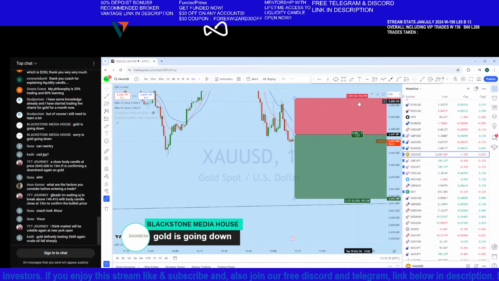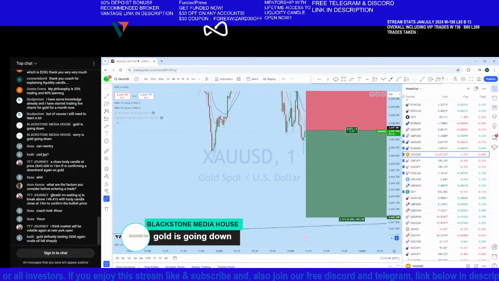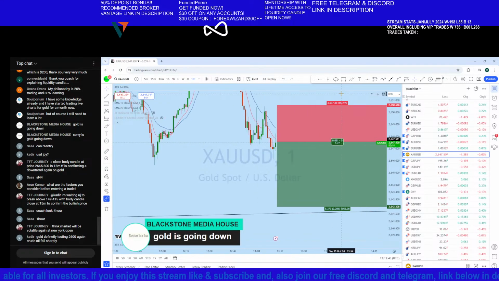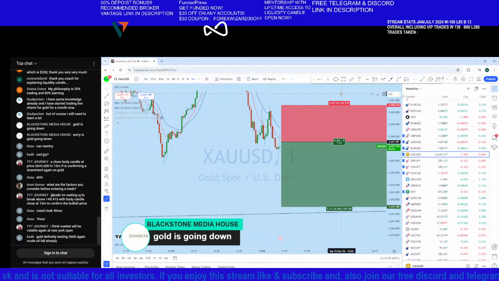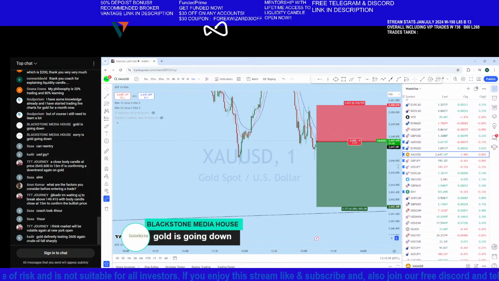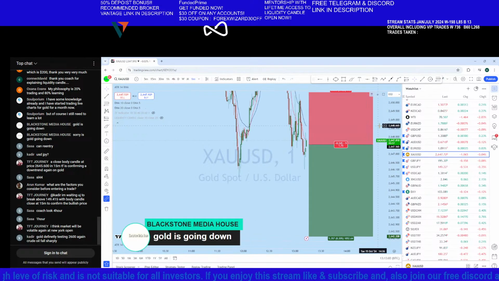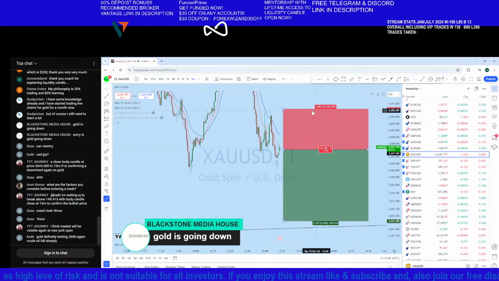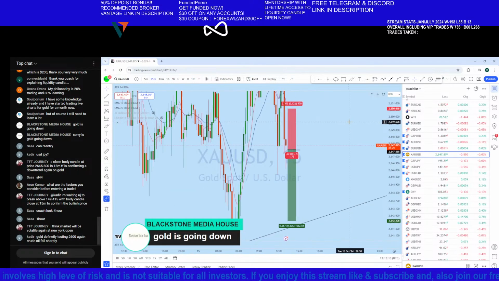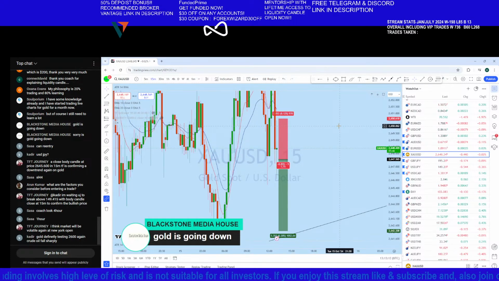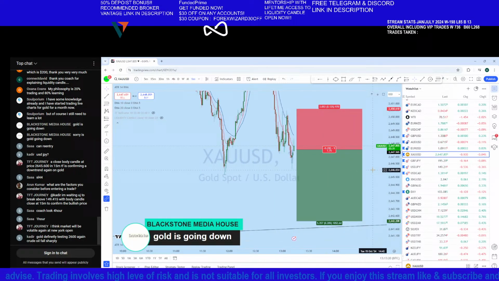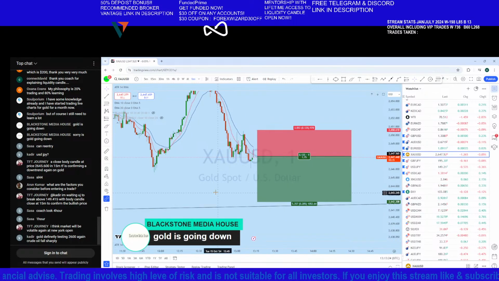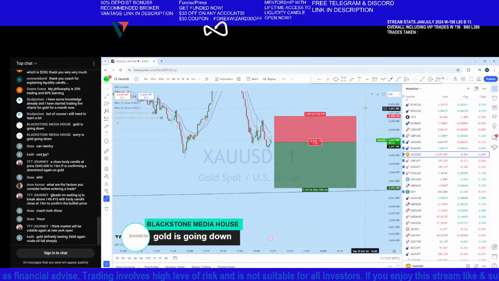There is bearish price action here on the lower time frame. If it reverses, then that might be our entry on XAUUSD.